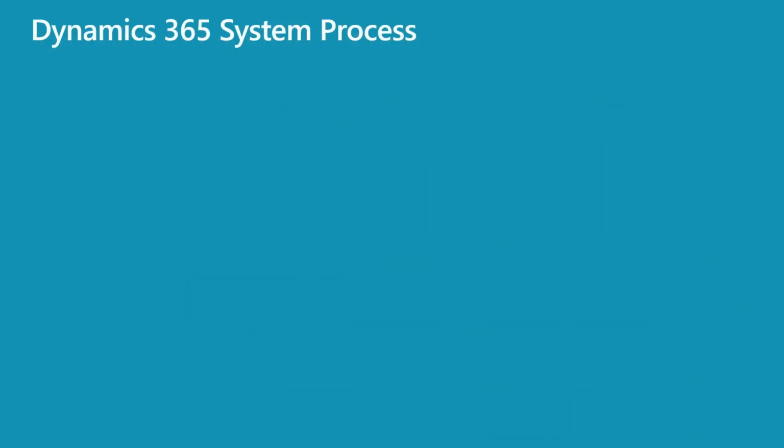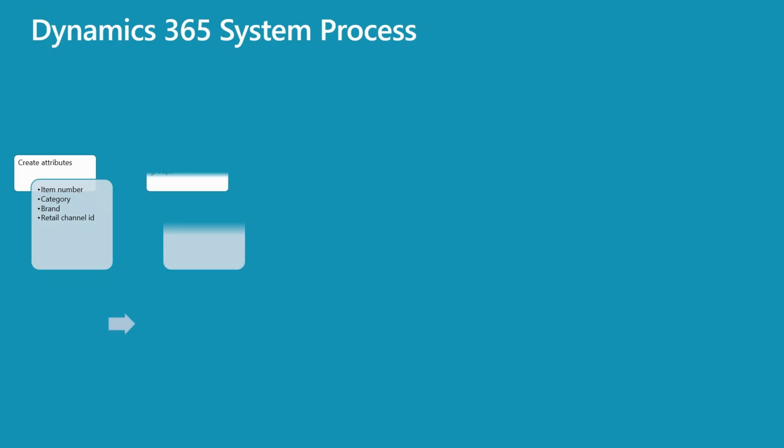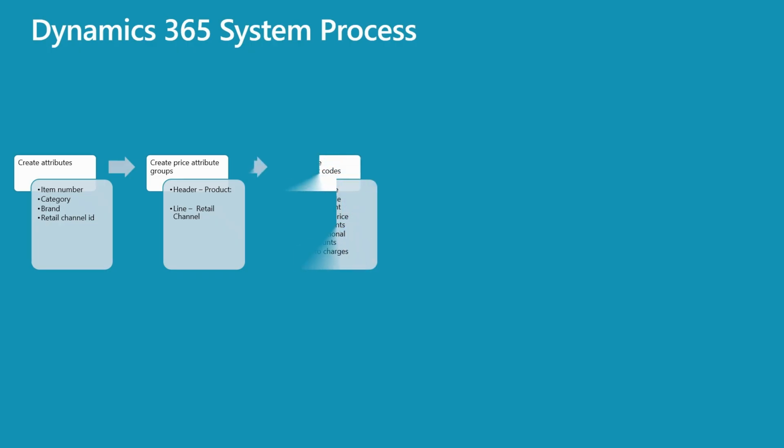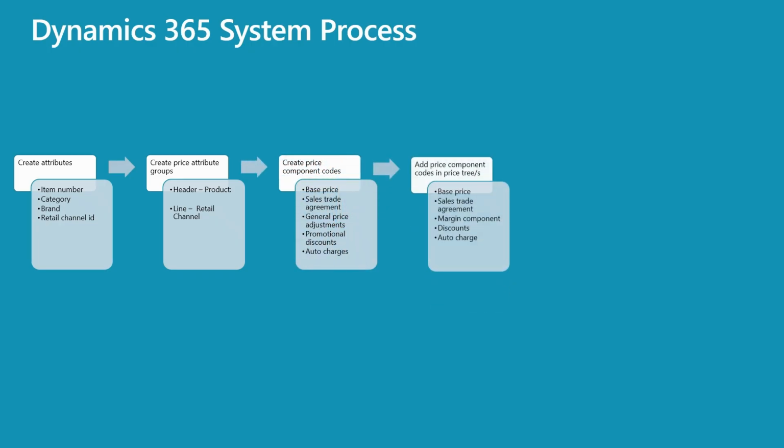Here is how we configure Dynamics 365 to execute prices and discounts based on price groups. We start by creating attributes, then price attribute groups and price component codes. Then we associate the price component codes in the price tree or trees.